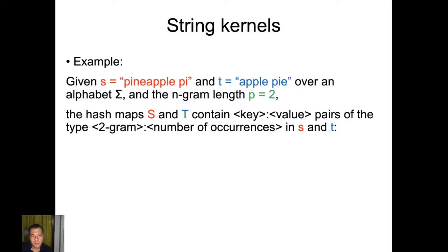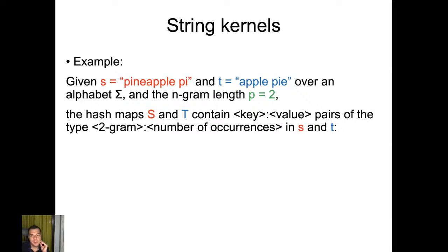So we have this parameter p, and we have the hash maps s and t, which are computed from the original strings. They will contain key value pairs such that the key is an n-gram. For the string s, we have the hash map s, and it will have the 2-grams from the string s, and for each 2-gram we have the number of occurrences.